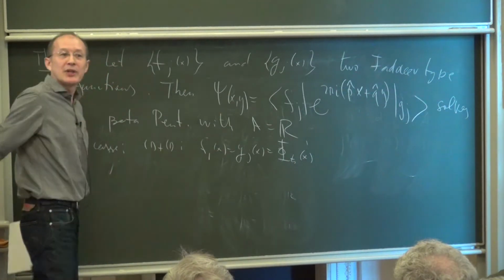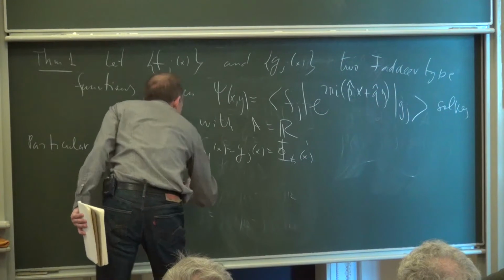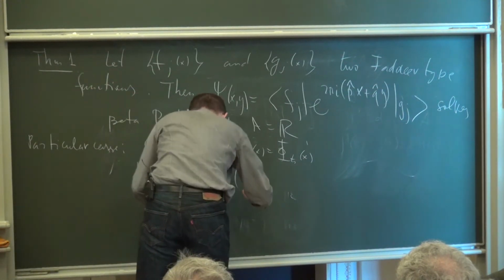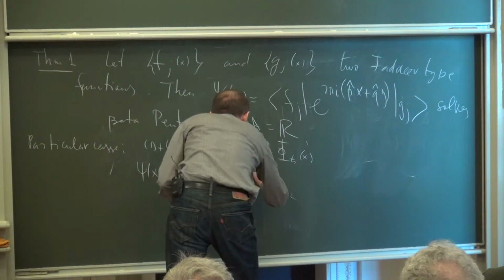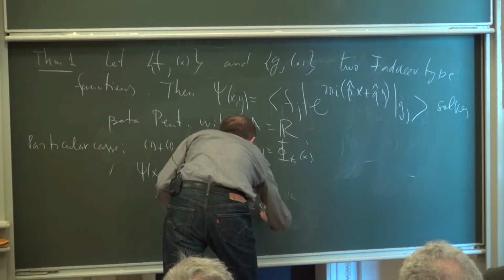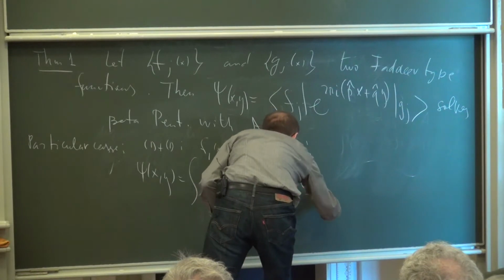So we take this, then psi of x, y is a single integral of phi h bar of t plus x over 2, phi h bar of t minus x over 2, e to the 2 pi i t y, dt.